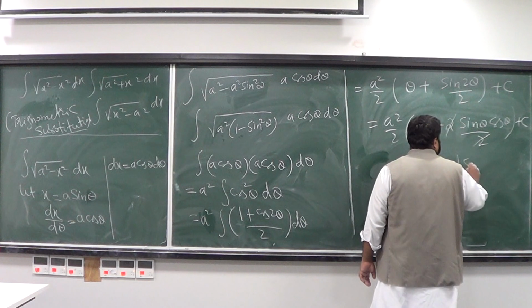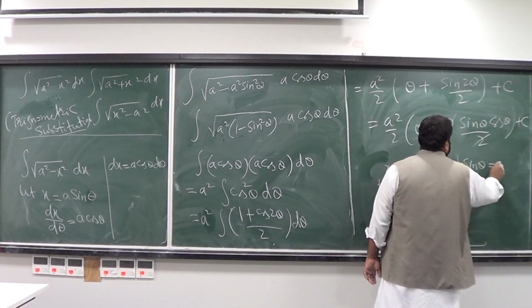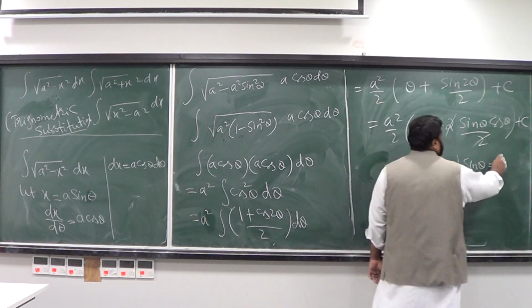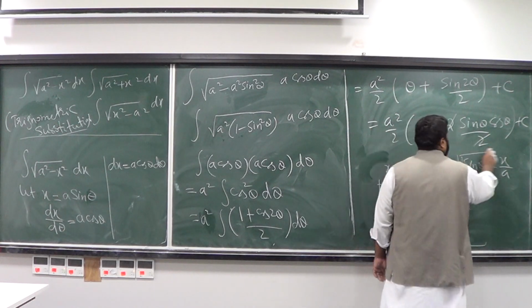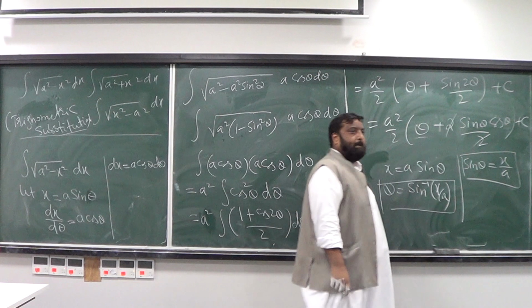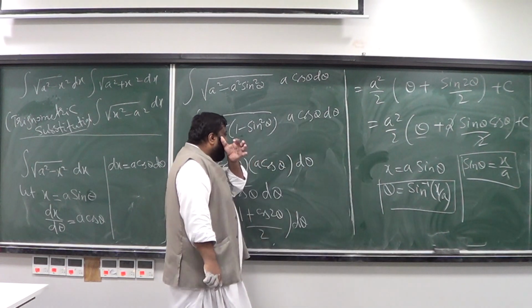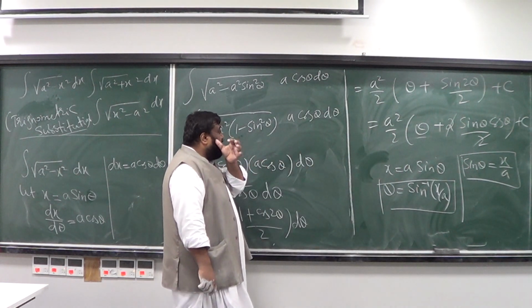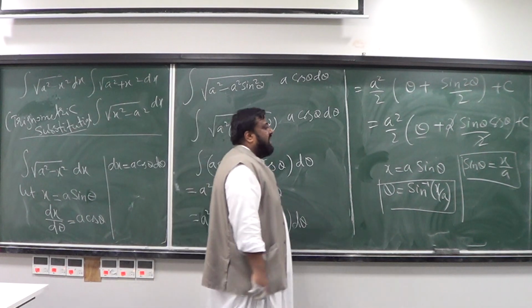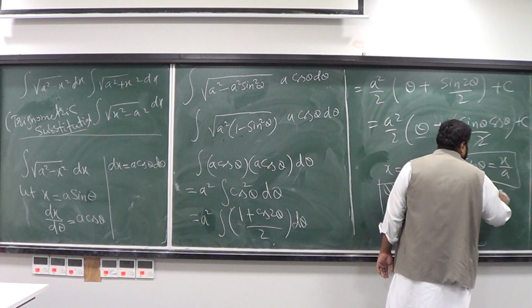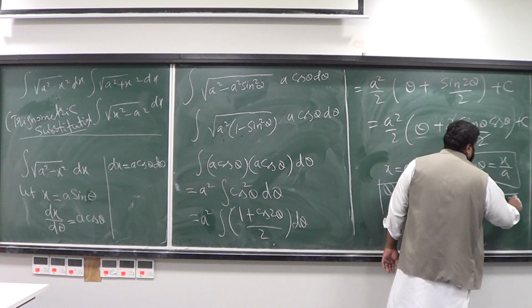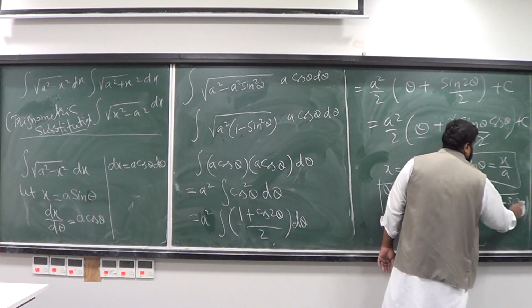What would be the value of only sine theta? It's going to be x upon a. So here you have sine theta, substitute x upon a. What should I put in the place of cosine theta? I know that cosine theta is the square root of 1 minus sine square theta.